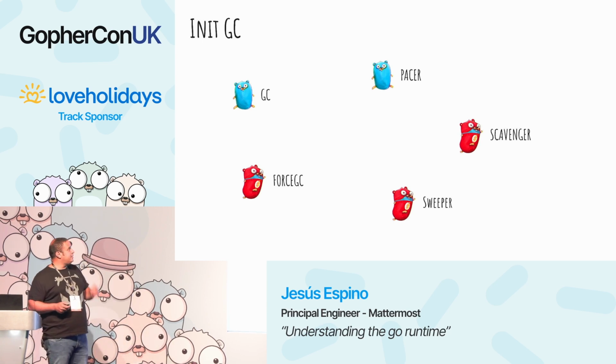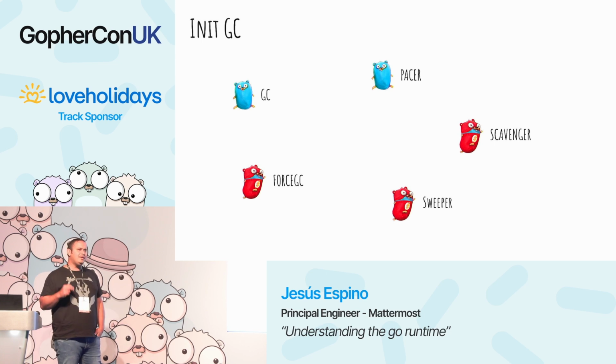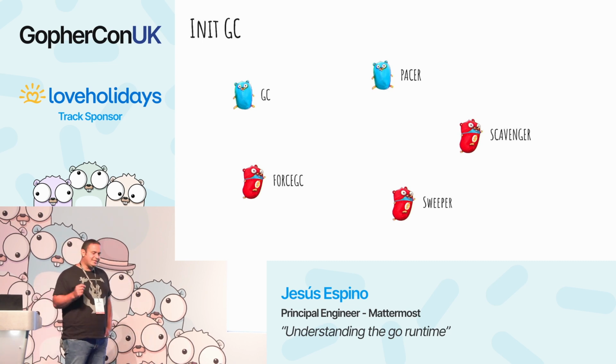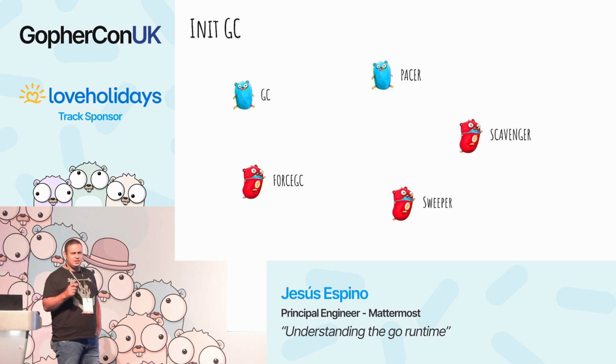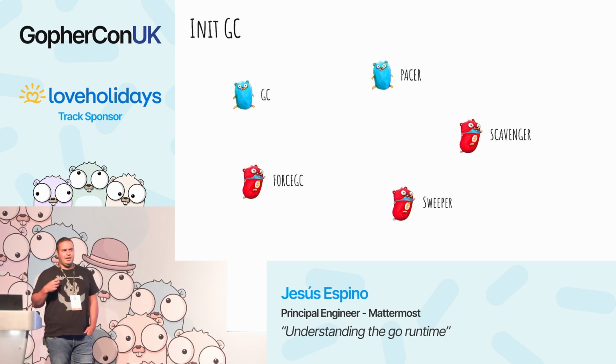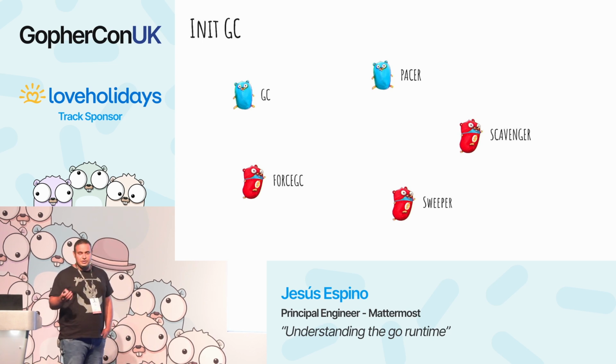There's a piece that is important, which is the GC pacer. The GC pacer decides when the GC runs based on the memory consumption. You have this environment variable called GOGC. GOGC is normally by default 100. That means 100%. That means the next garbage collection iteration is going to be whenever you double the memory, whenever you have 100% more than the previous memory.